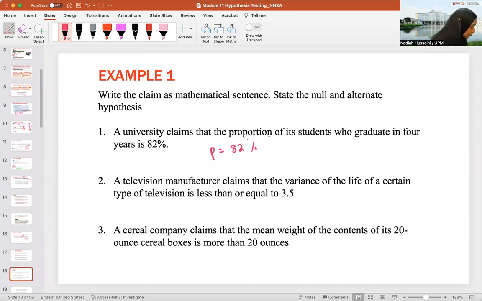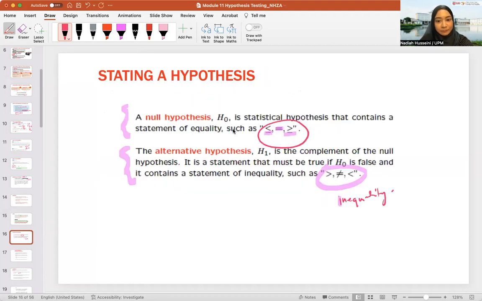Is it H0 or H1? Okay, let's go back. This one, is it the null or the alternate? P equals 82%. Null or alternate?